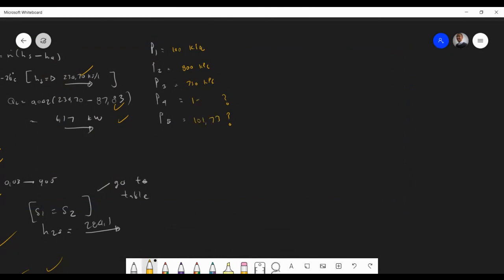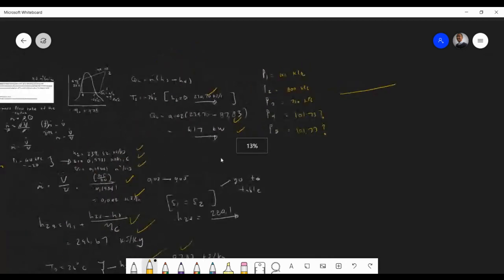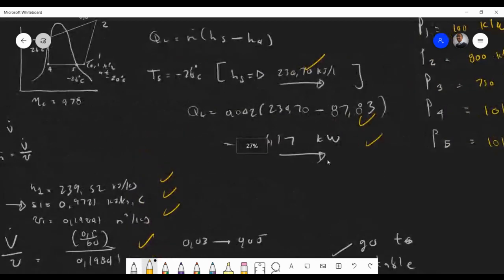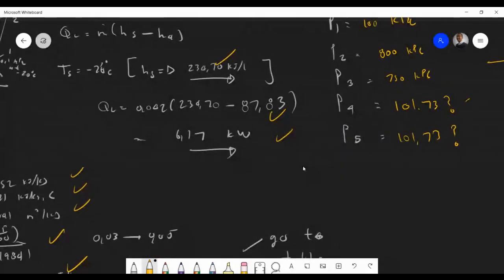This pressure is the same by virtue of it being a constant pressure heat removal, and it lies on the same line as this over there. So there's no pressure drop assumed to occur within the evaporator itself.